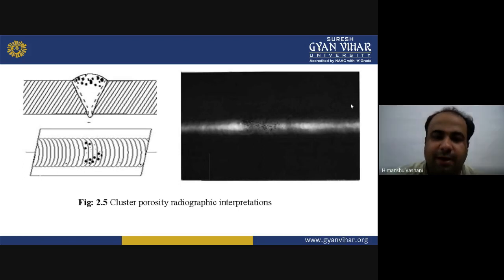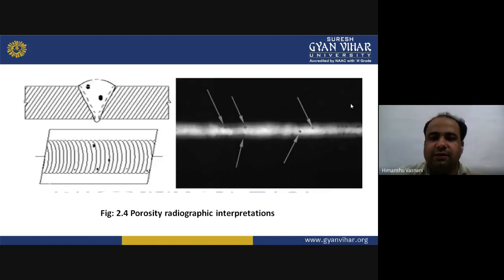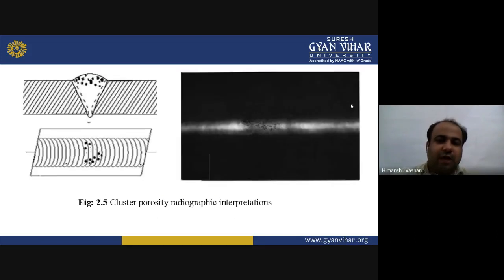If you compare with simple porosity, you can see here these dots are either singular or in clusters but fewer in number. This is showing simple porosity, not cluster porosity. Like regular porosity, a gas is trapped. But if you compare it with the cluster porosity, see how many dots are trapped at one place.